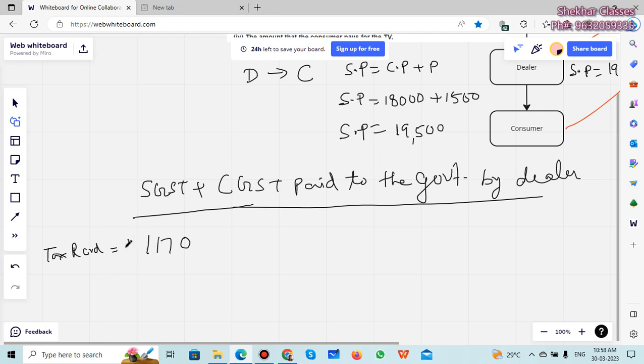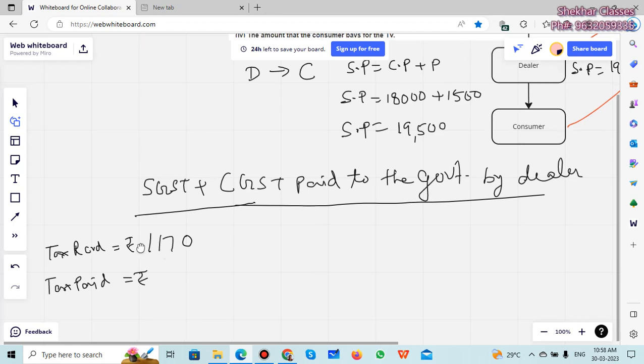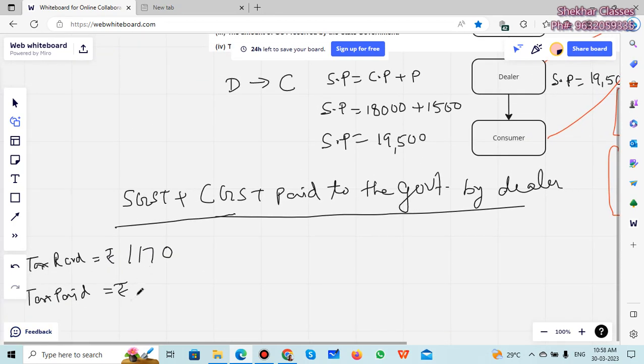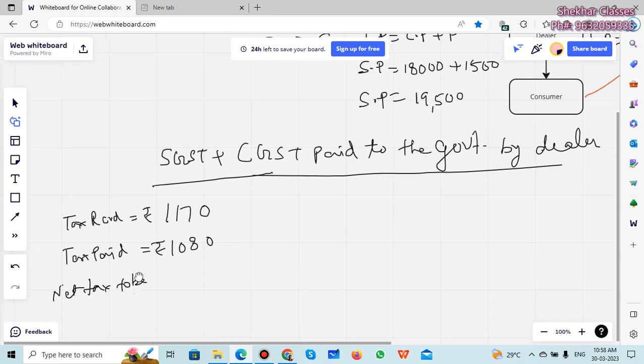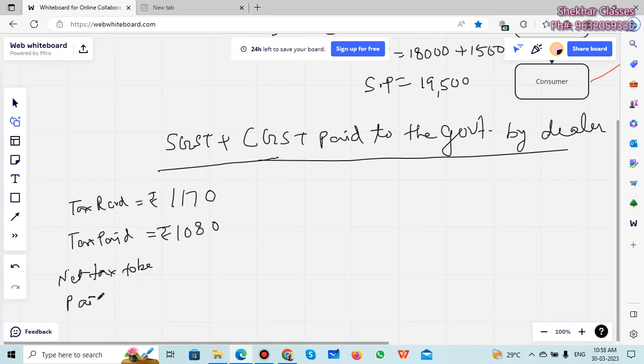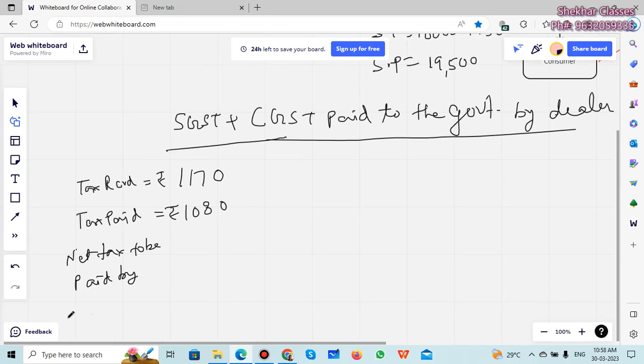And tax already paid to the manufacturer was 1080. How much is the balance? Net tax to be paid by the dealer.